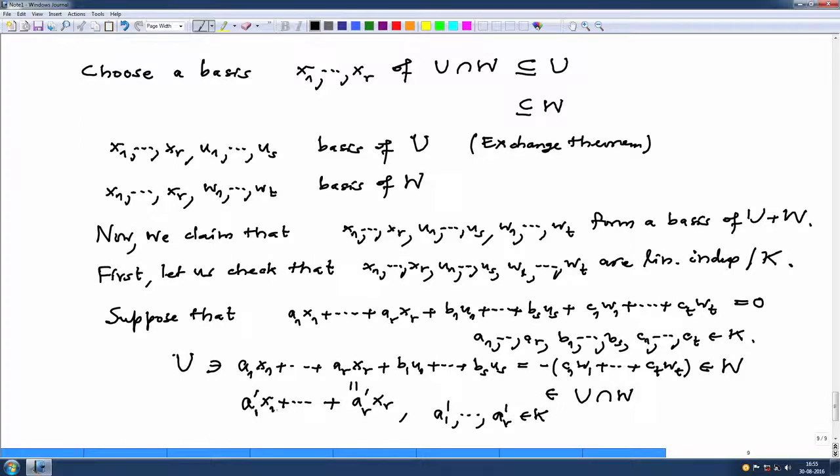But then this is equal to these w's, but I know x1 to xr and w1 to wt is a basis. So, they cannot have a linear relation among them unless all coefficients are 0.